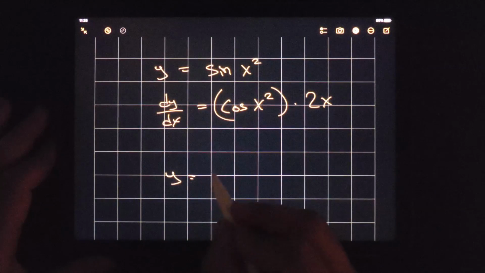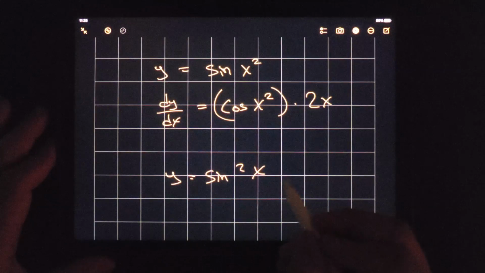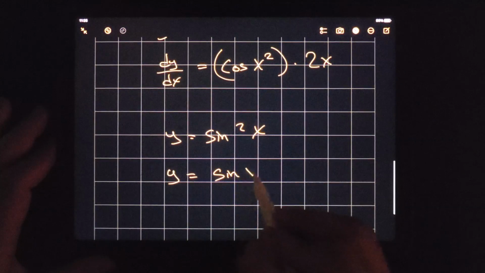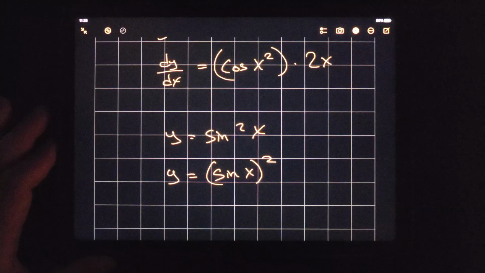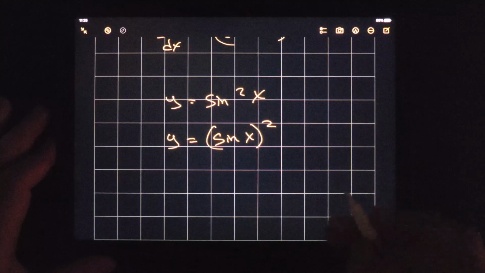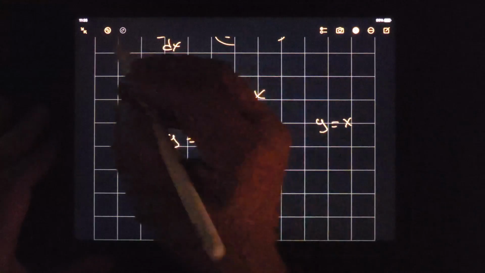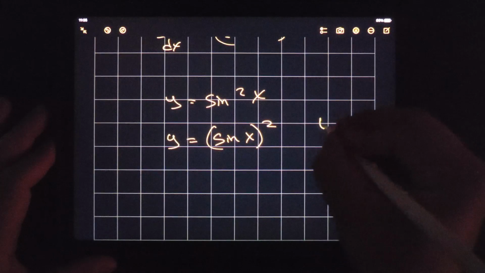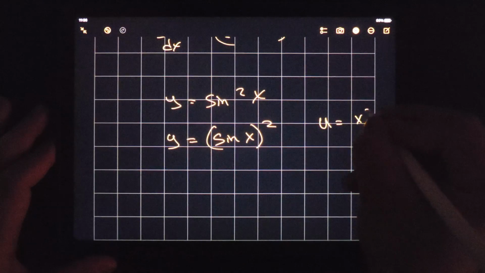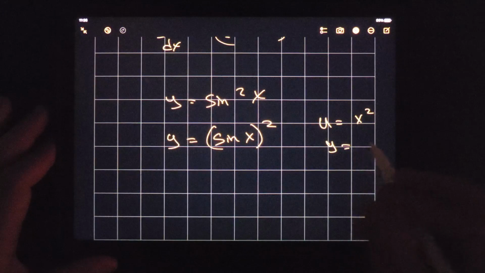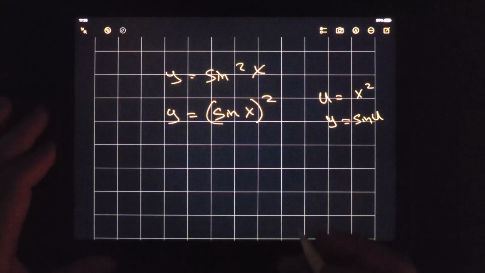Similarly, if you have y equals sine squared x, then we can say that this is the same as sine x, squared. And then we'll just use the chain rule, where we say u equals x squared and y equals sine u.